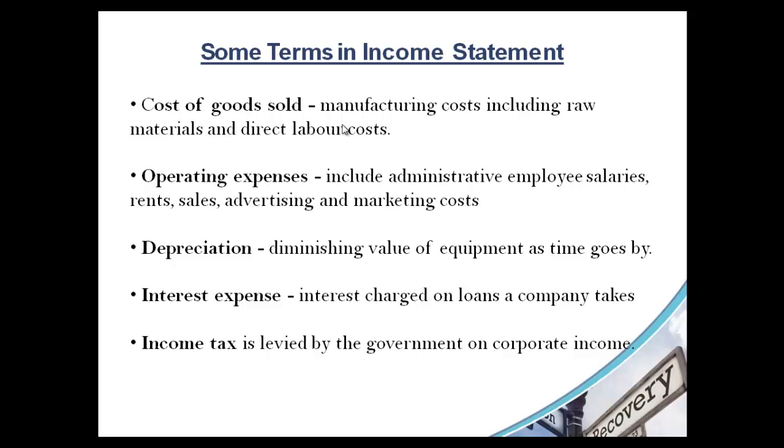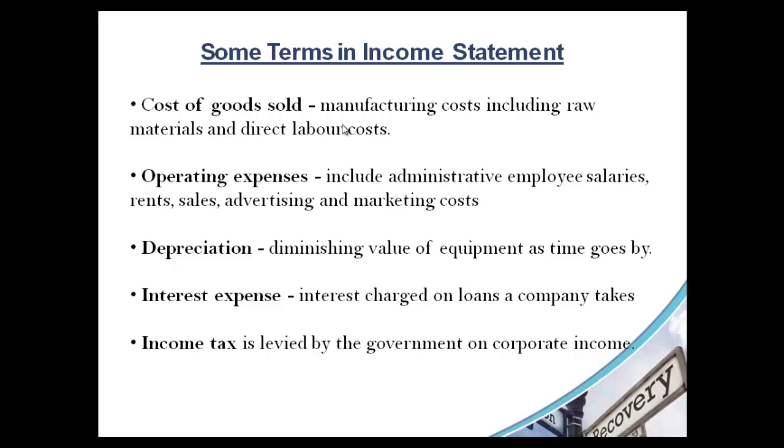Cost of goods sold. It is a manufacturing cost including raw materials and direct labor costs. Operating expenses. They include the administrative employee salaries, rents, sales, advertising, and marketing costs. It also includes all the other indirect costs. Depreciation.